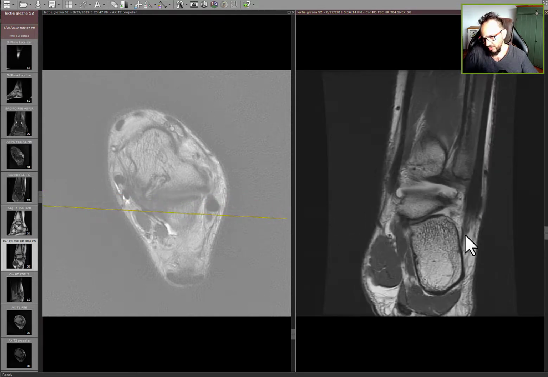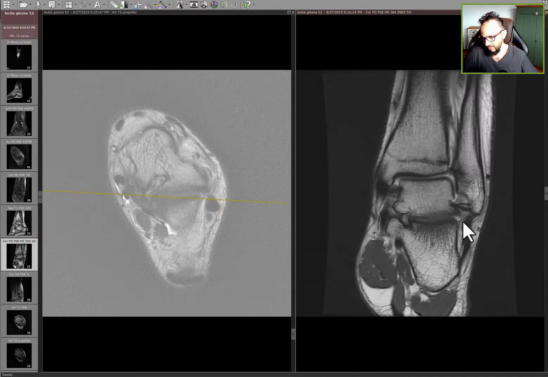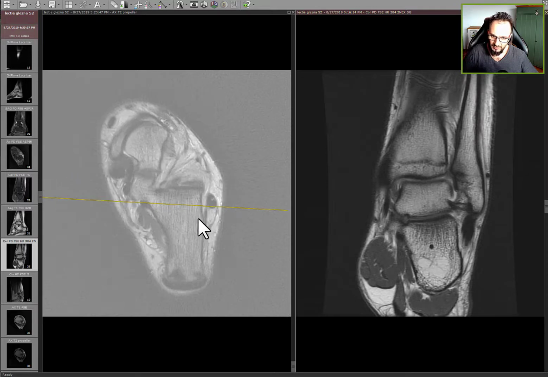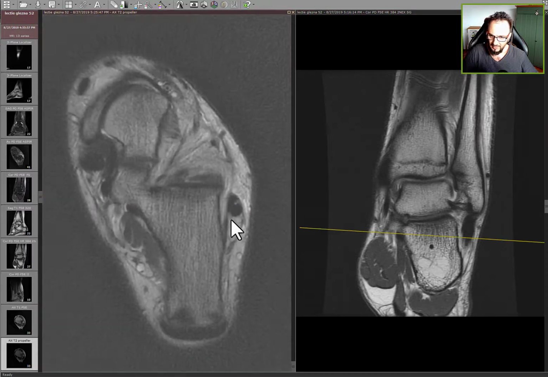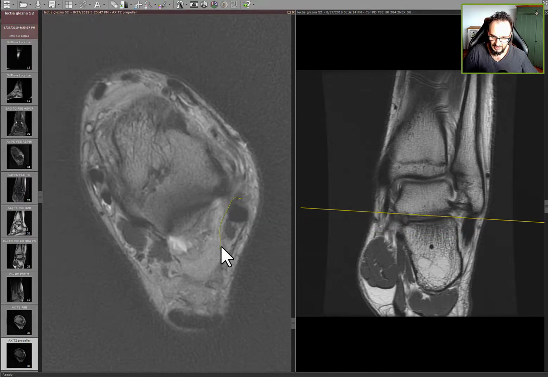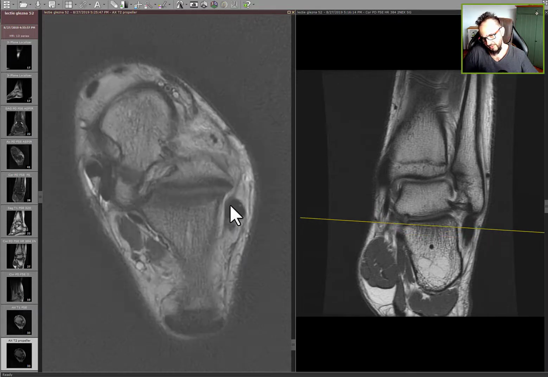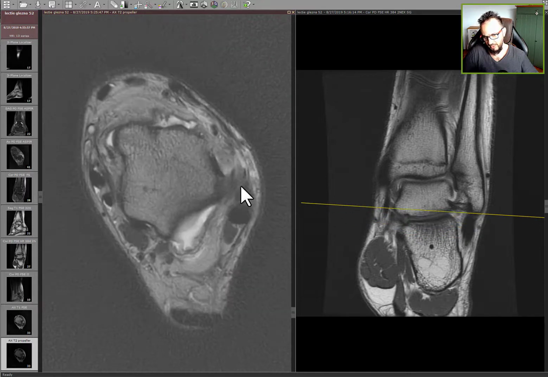Okay, this fine thin line coming through this looks to be intact. We can see it here like a hammock. It's coming like this and inserts on the calcaneus here and on the tip of the fibula here.